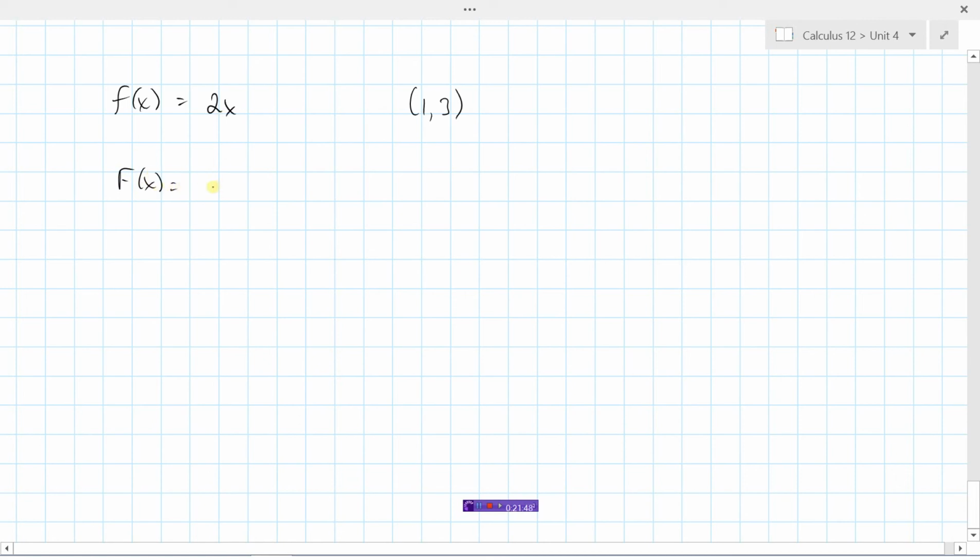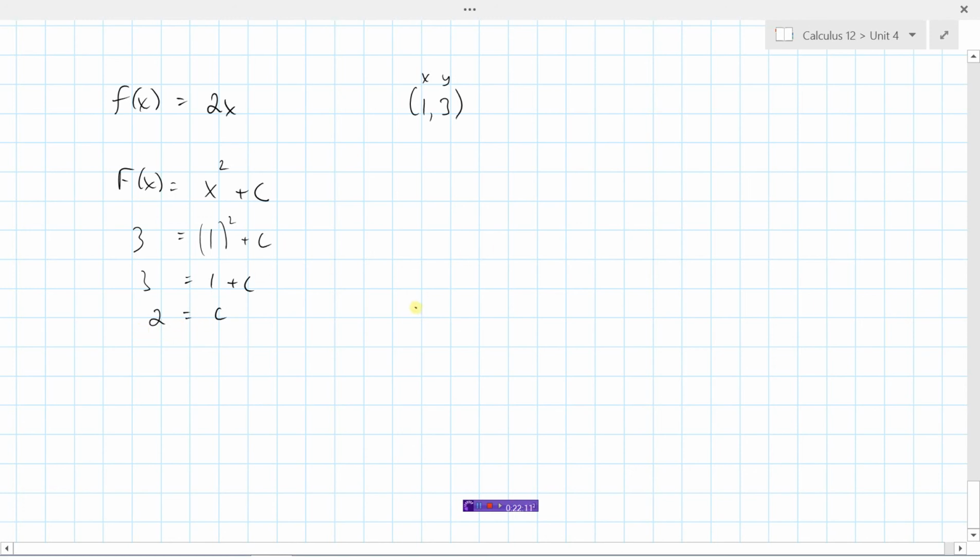The integral of this, of course, is x squared plus c. And now I can say, okay, when x is 1, y should be 3. So I can substitute in 3 for my y value, 1 for my x value, and then subtracting 1 from both sides will tell me that c should be 2.